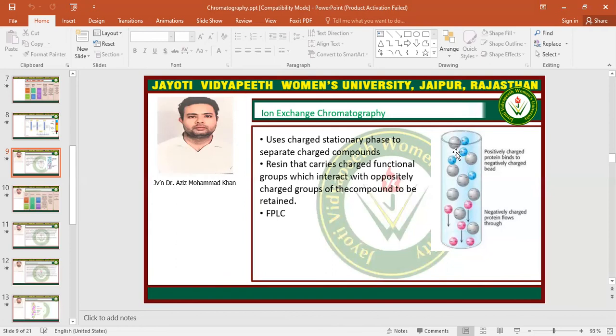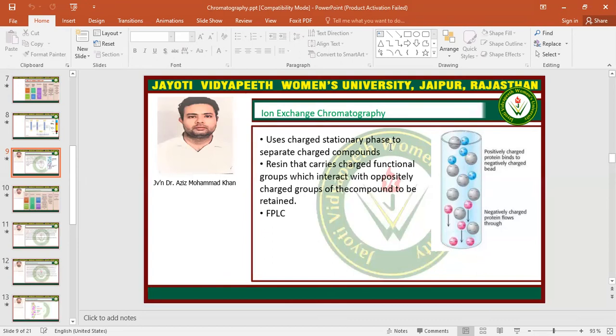So two kinds of groups will be formed in this ion exchange chromatography. One group contains negatively charged proteins and positively charged beads, so they will be separated, and another group contains positively charged proteins and negatively charged beads, so they will be separated in another portion.